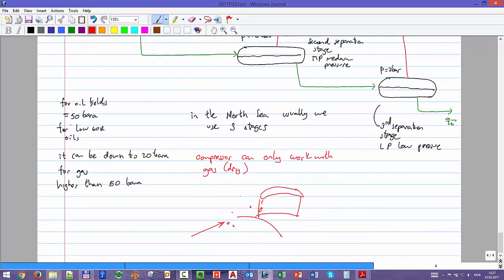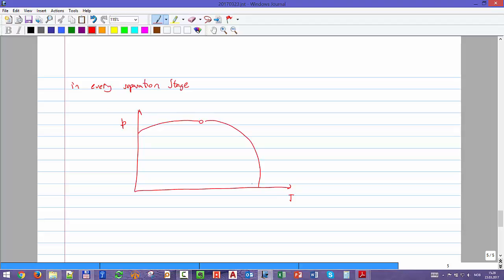And if you look at exactly the fluid that we are extracting in every separation stage, if you see the PT phase envelope, let's say that you are someplace here. And then you separate. That will be the separator fluid.